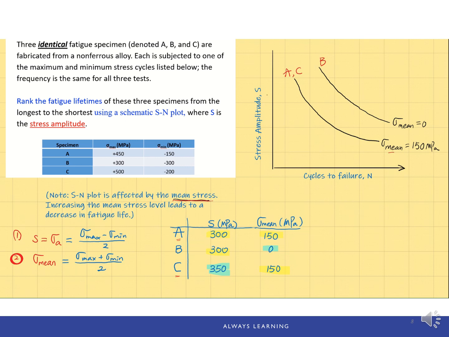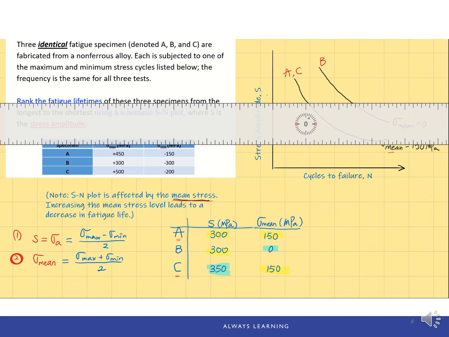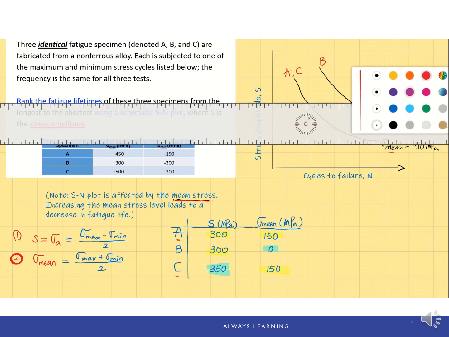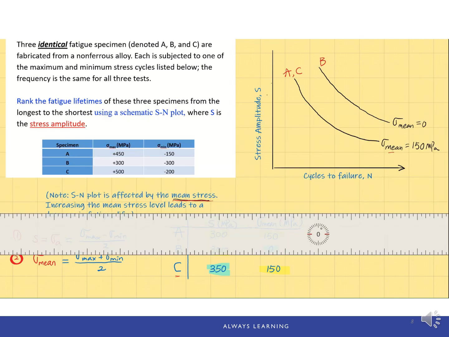Now we can read the N values based on the amplitude, which is the vertical axis. For the amplitude, we have two different levels. The first level is 300 and the second level is 350. I'm going to add the two values on the y-axis now. Let's say this one is 350.